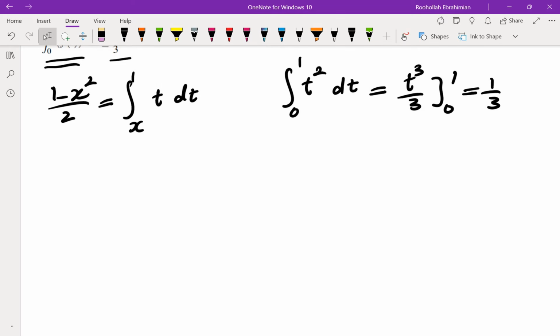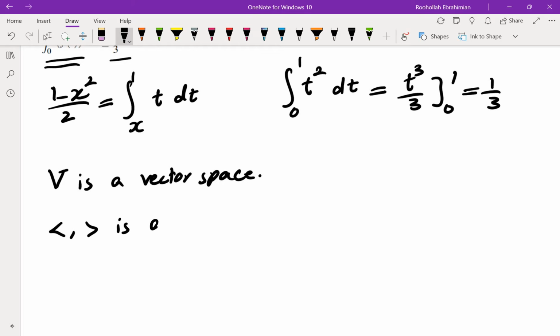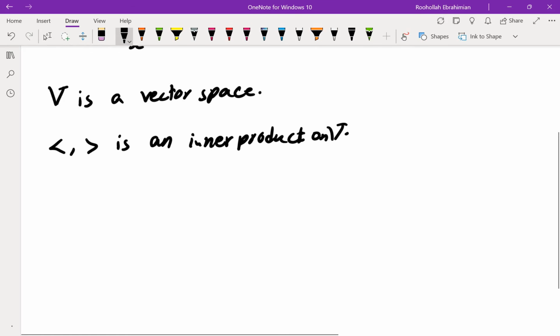So let me talk about the Cauchy-Schwarz inequality. Assume V is a vector space, and we have an inner product on V, which means it is a function satisfying certain properties: conjugate symmetry, positivity, and linearity with respect to the first vector.